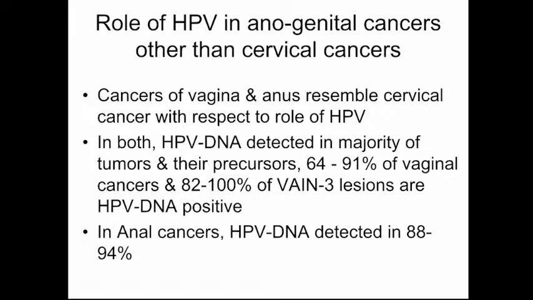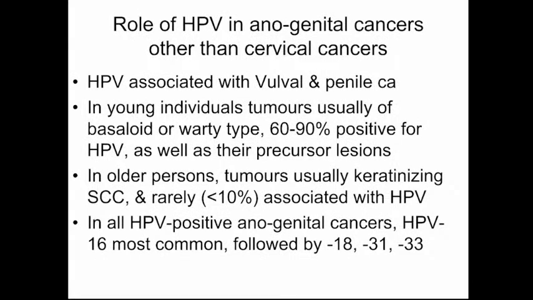HPV is also associated with vulvar and penile cancers, as we have seen. In younger individuals, tumors are usually not of the squamous type, but the basaloid or warty type, and 60 to 90% are positive for HPV, as well as the precursor lesions to these tumors. In older individuals, the tumors tend to be the more well-differentiated keratinizing squamous cell carcinomas, and less than 10% are associated with HPV.